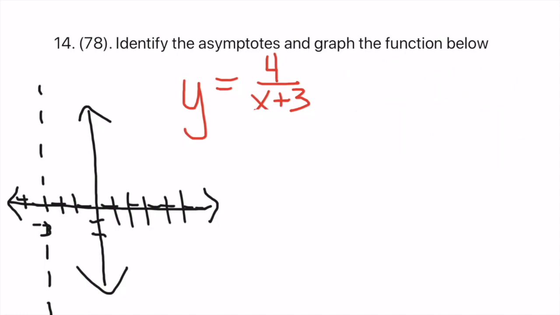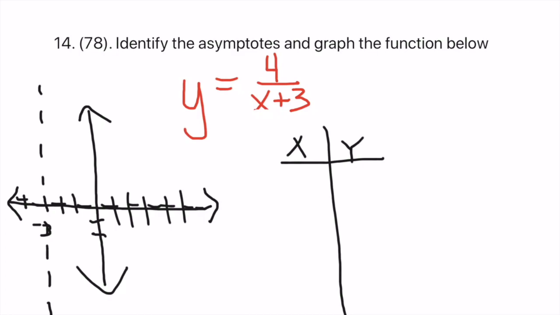All right, now we have to graph this. So this is just like we used to do where we make an XY table. And I like to be kind of strategic about the x's I choose so that it doesn't turn into a funky fraction.